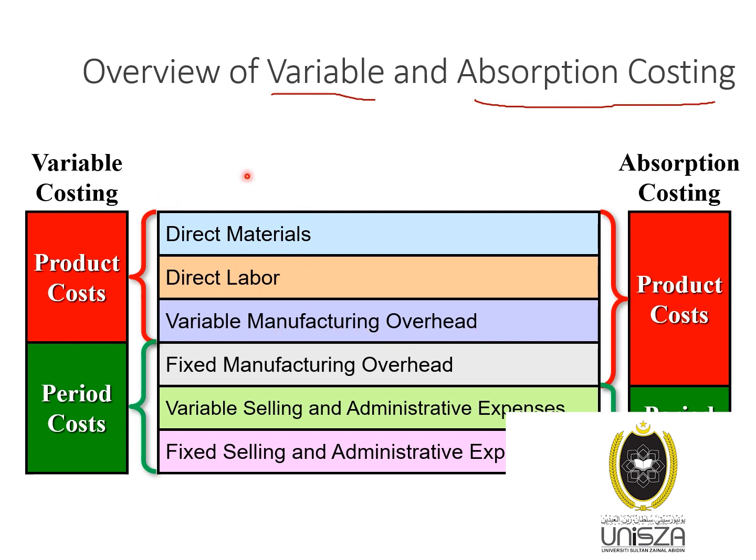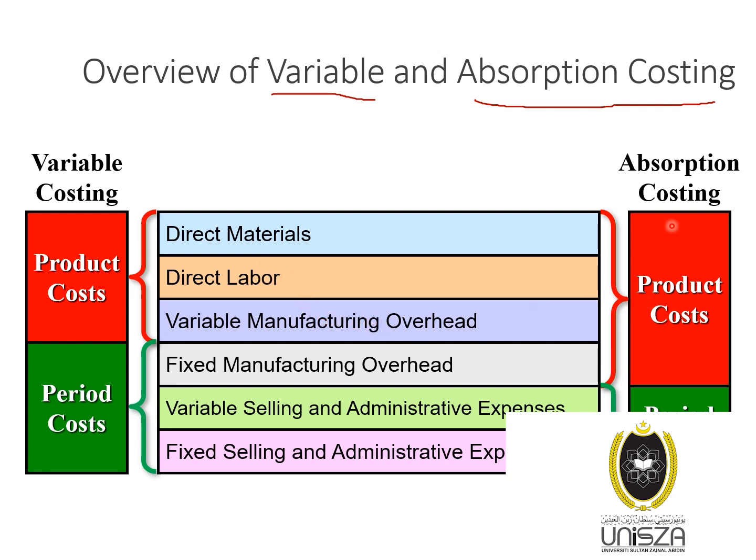Under the variable costing, remember only these three items will be used to present the product cost. Whereas under the absorption costing, it also includes these three items: direct materials, direct labor, and variable manufacturing overhead.